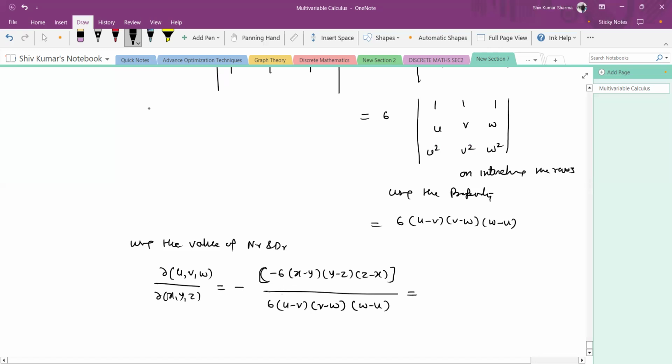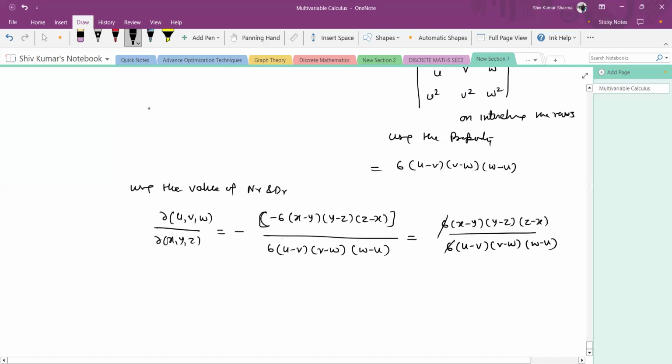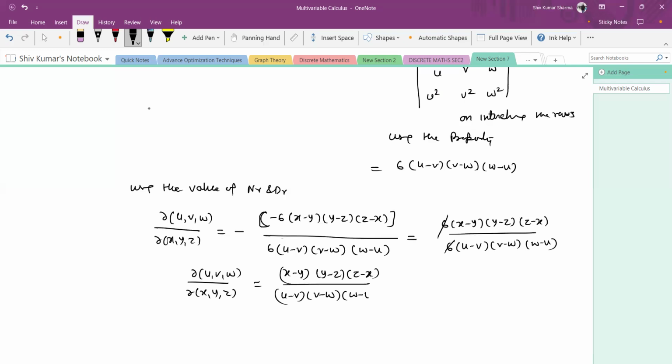So minus sign to minus sign cancelled, and this 6 to 6 cancelled. So our result is the Jacobian of u v w upon x y z is equal to x minus y, y minus z, z minus x upon u minus v, v minus w, w minus u.